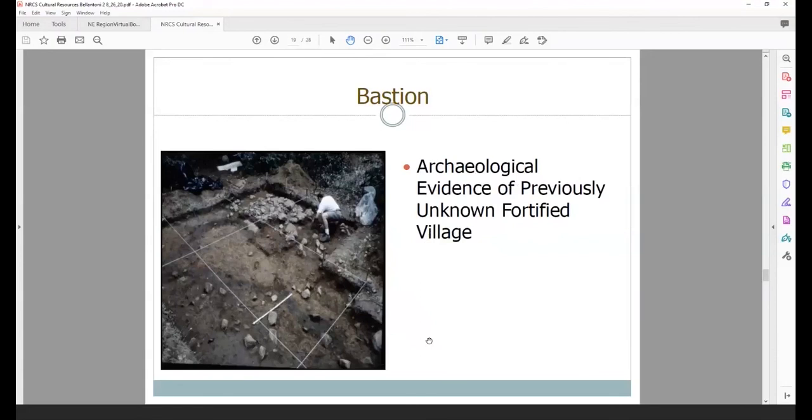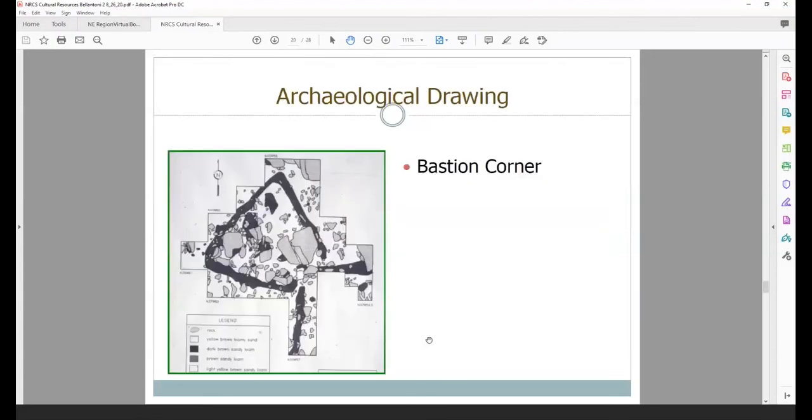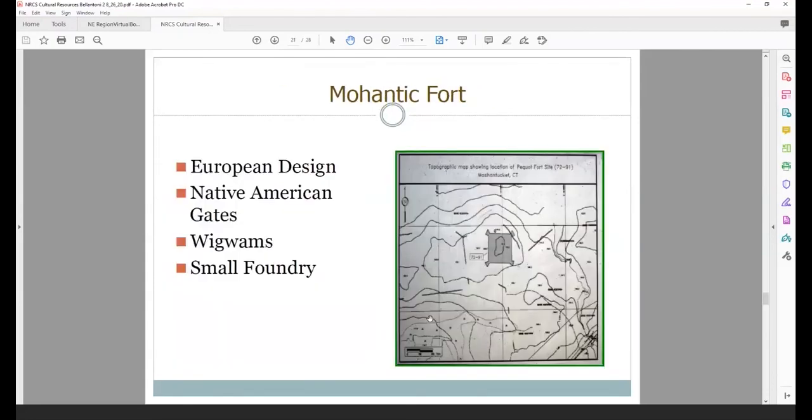Mapping it out, it shows the remnants of actually a bastion, a corner of a historic 17th century fort. And you can see the outline of the fort here. Inside, the excavations revealed wigwams and foundries where metal was being cast.